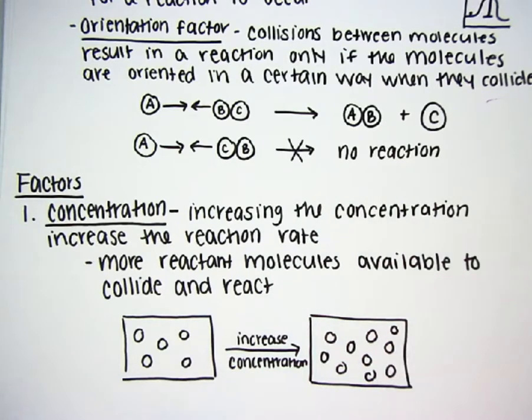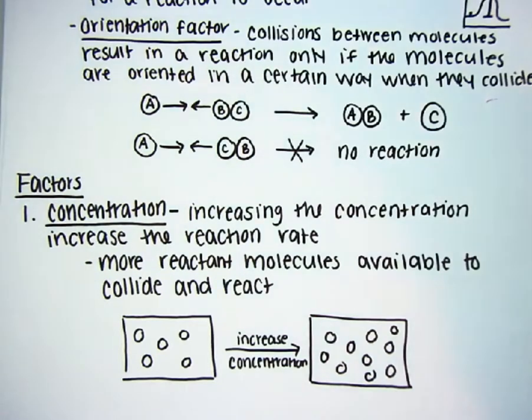Which one of these beakers would have more collisions? Pretend I was better at drawing and this was drawn to scale and we had the exact same volume. So if the volume of the container stays the same but the concentration goes up, the more molecules you have, the more collisions you're going to have. Compare our hallways.